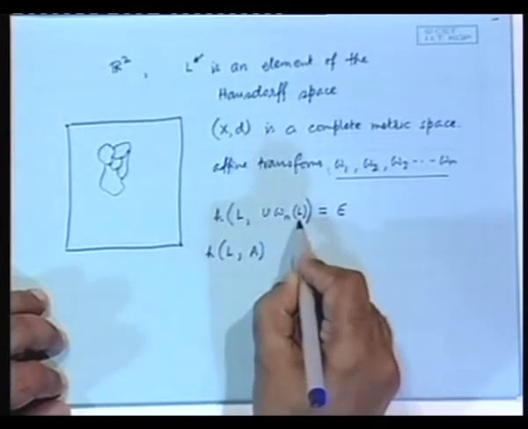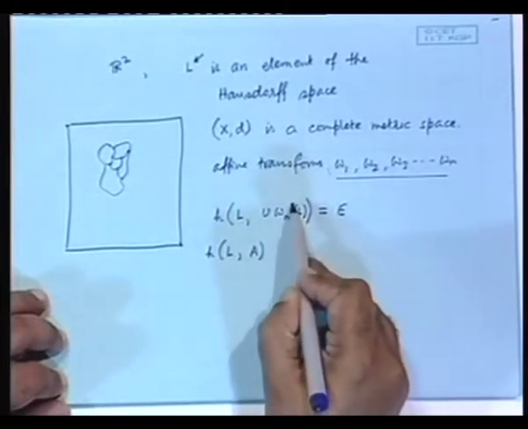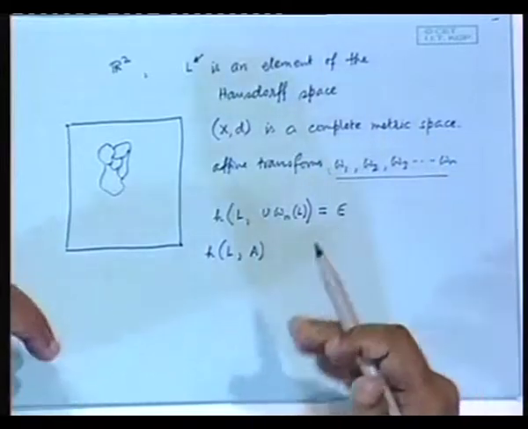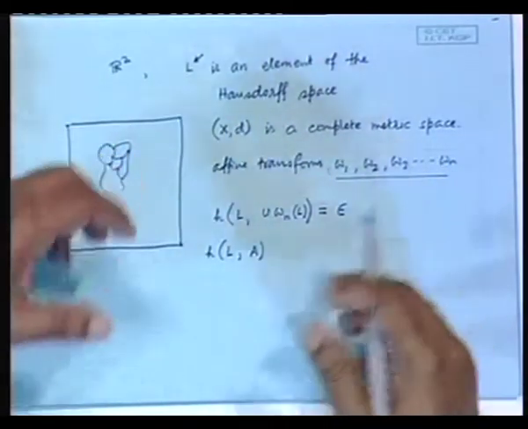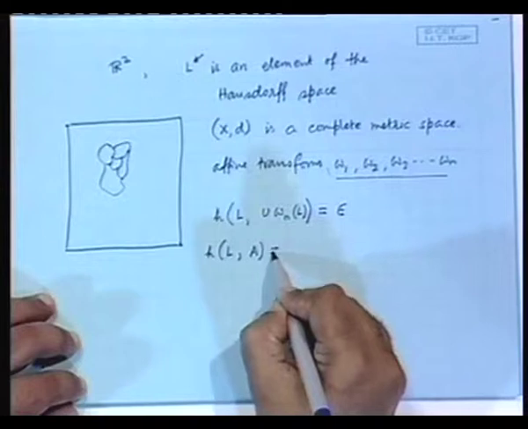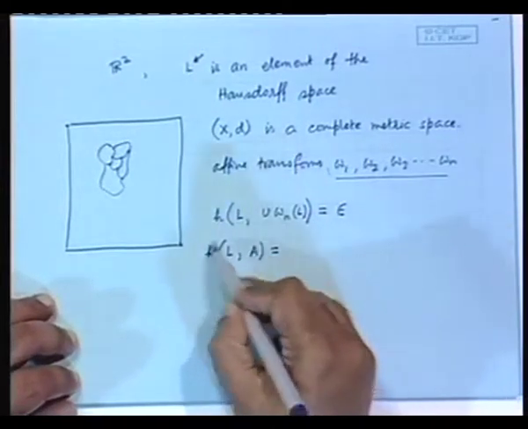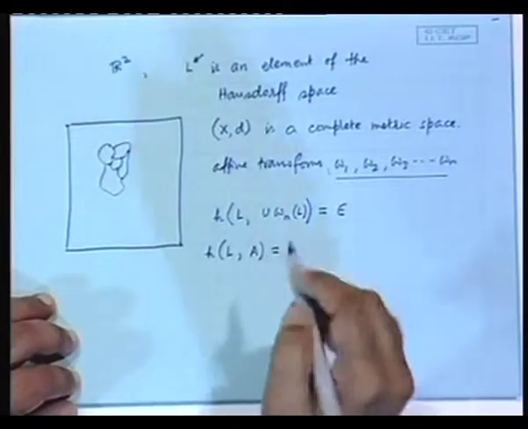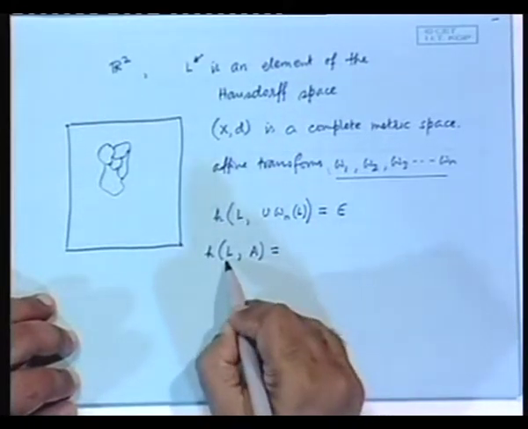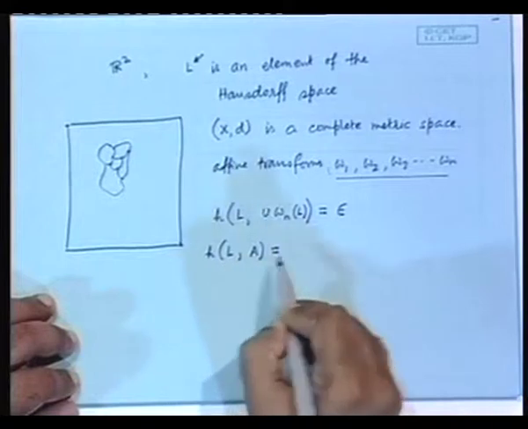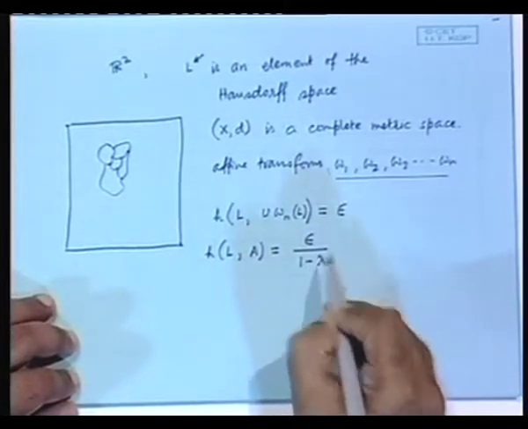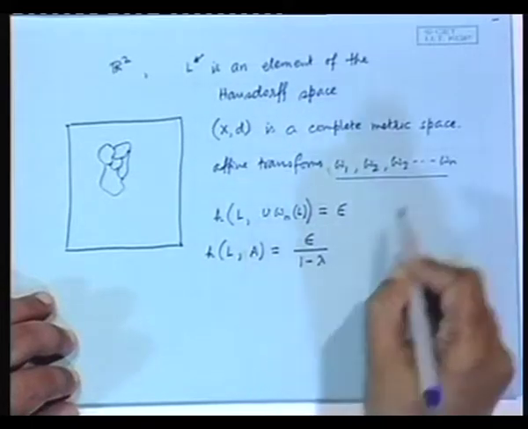of that IFS, IFS is iterated function system, which means W1, W2, W3, Wn iterated a large number of times on any initial set will always converge on something, the attractor, so that the distance between the original set and the attractor will be epsilon by 1 minus lambda, where lambda is the contractivity factor of this IFS.